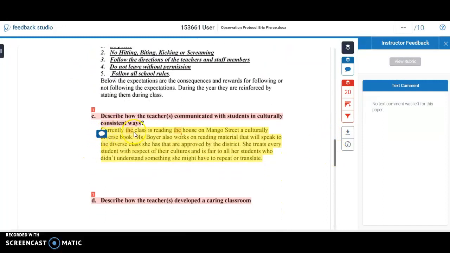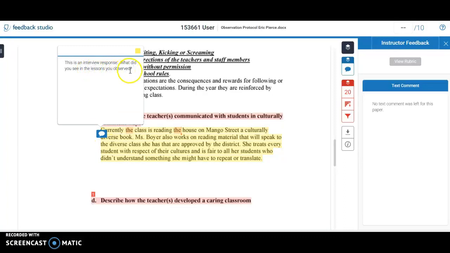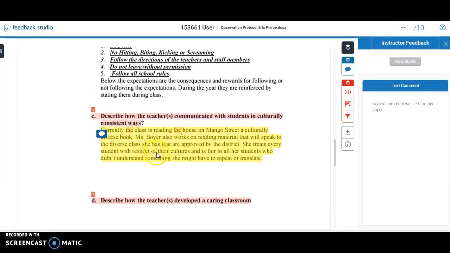Then she says, describe how the teacher communicated with the students in a culturally significant way. The class is currently reading The House on Mango Street, a culturally diverse book. So this is an interview response. What did you see in the lessons observed? This is an interview. She treats every student with respect of their cultures and is fair to all students.